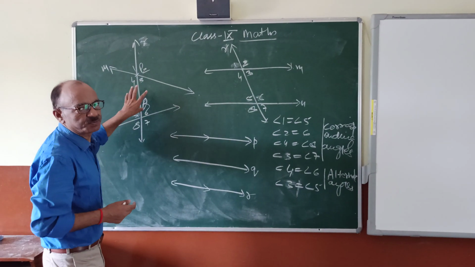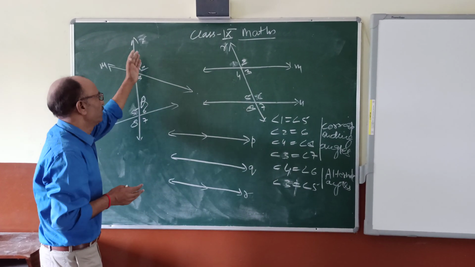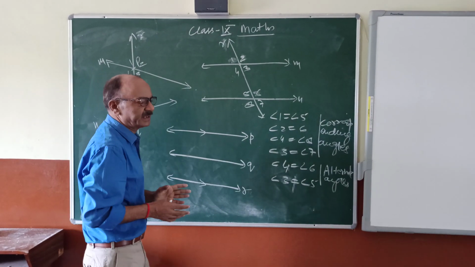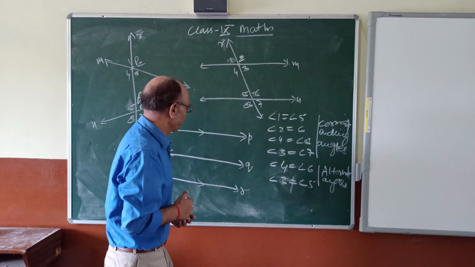So angles will be corresponding, but there is no relation when the two lines are not parallel and a transversal is intersecting those lines.